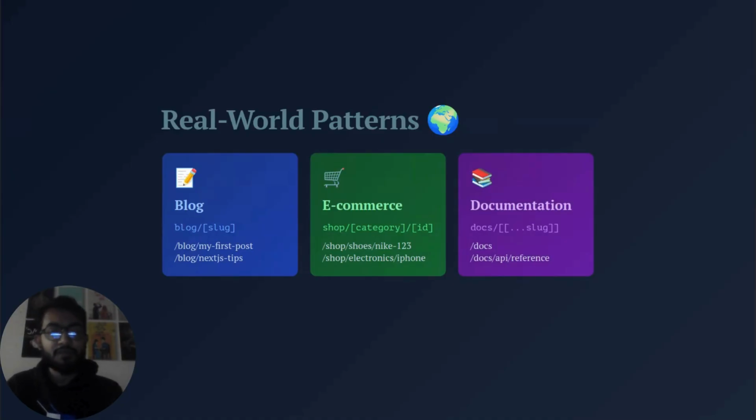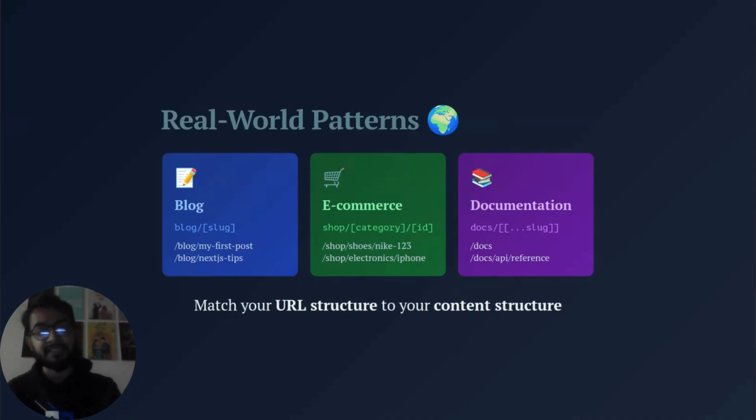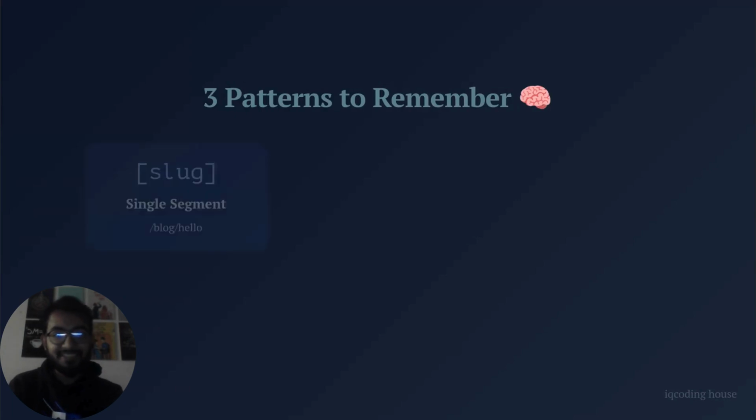And if you have a documentation site, then you can use only a single route like this, double brackets with three dots slug, and it eventually handles all routes like slash docs slash api slash reference, or, let's say, caching, any documentation you can define like this. So match your URL structure to your content structure. That is the thing.